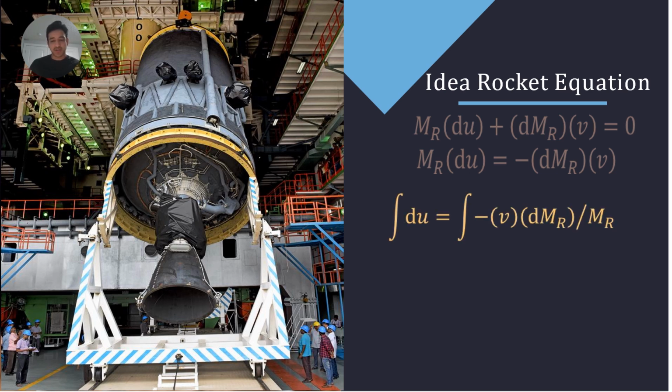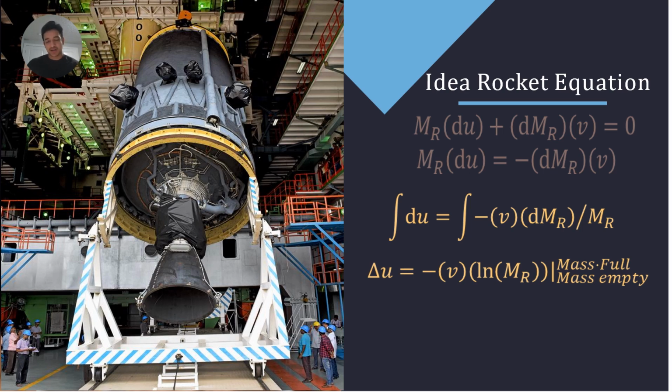And by doing the integral, we get delta v, the change in velocity of the rocket, described as negative velocity of exhaust times the log of the instantaneous mass of the rocket, mass full divided by mass empty.